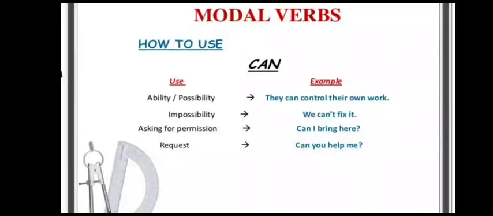And the last use of can is request. When we want to request something from anybody, we use can. Like, can you help me? So these are a few examples and uses of the modal can. Now let's see the next one.